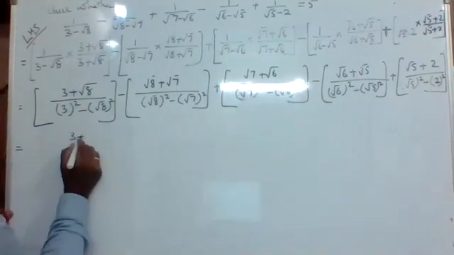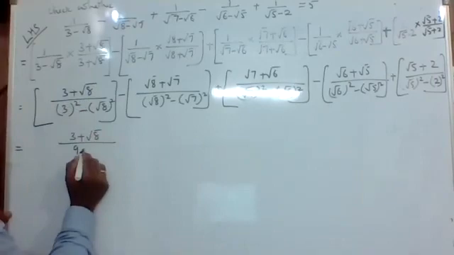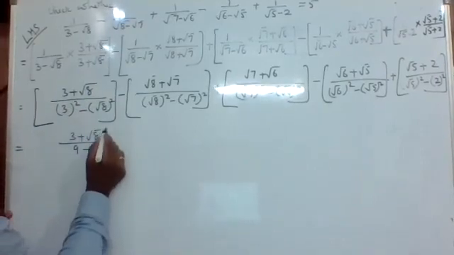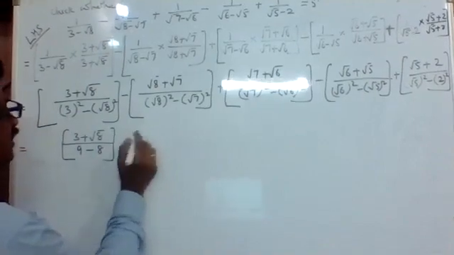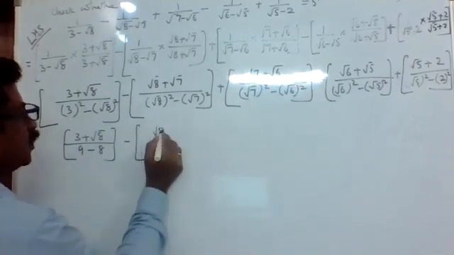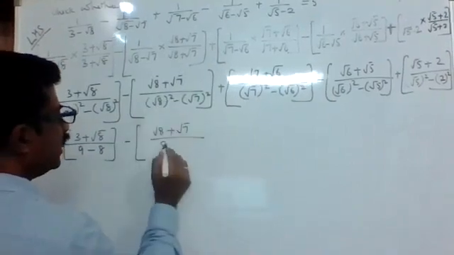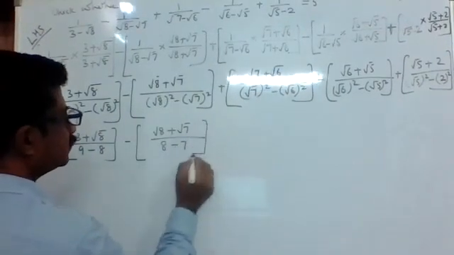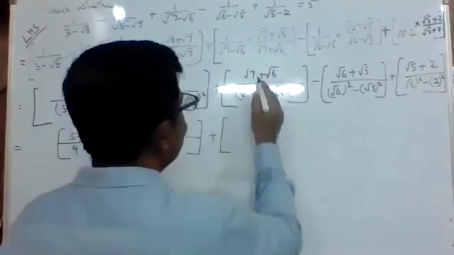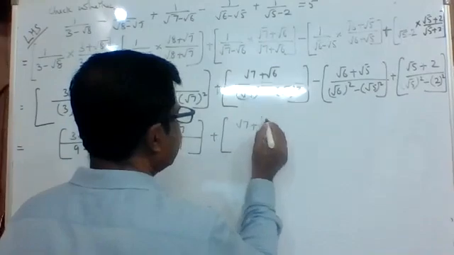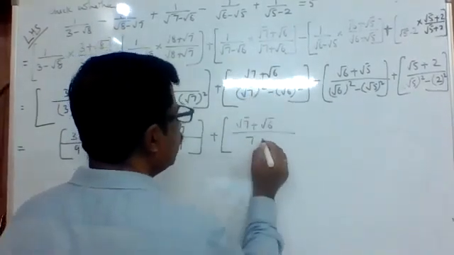This is 3 plus root 8 upon 3 square is 9 minus root 8 whole square is 8. In between we got minus sign. Root 8 plus root 7 upon root 8 whole square is 8 minus 7, plus root 7 plus root 6 upon root 7 whole square is 7 minus 6.